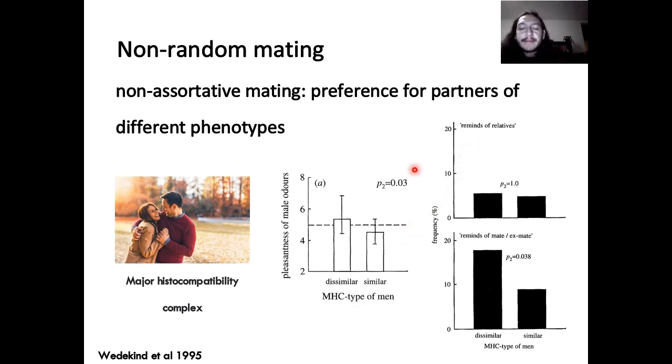Then in the second sort of trial, they asked them, does this remind you of relatives? The smell, and then they couldn't really tell. But when they actually asked them if it reminded them of a partner or an ex-partner, they could then say, yes, this smell that I prefer reminds me of my ex.